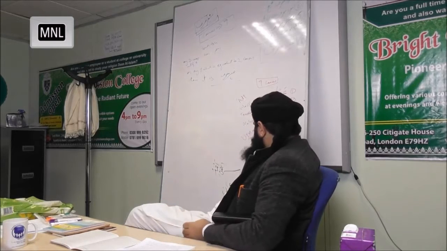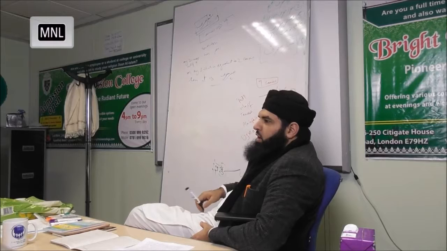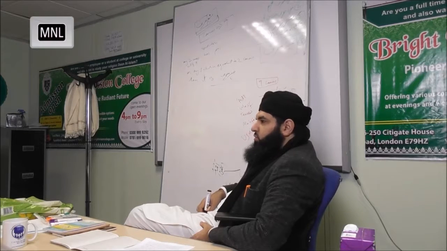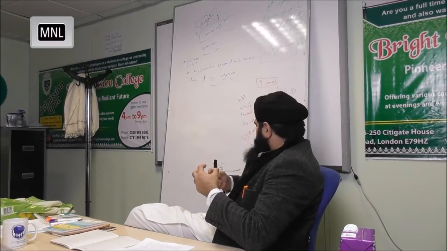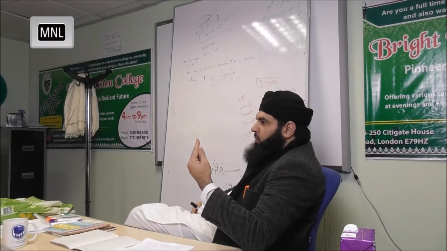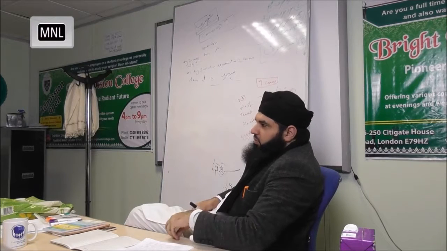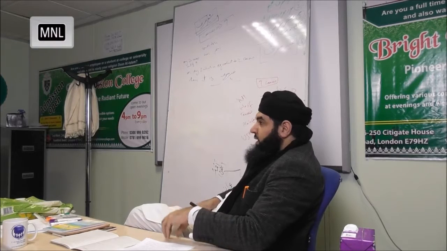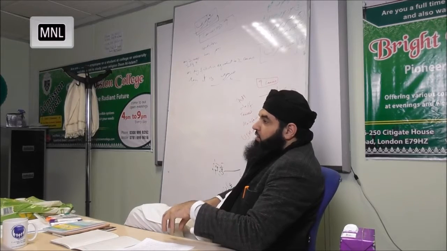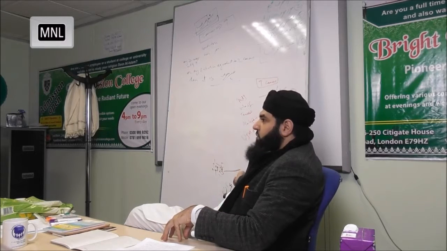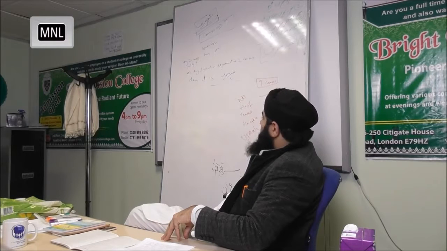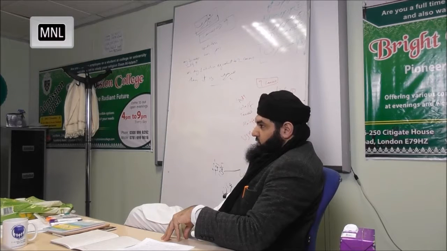So tarkeeb means if two asma have been joined together and attached to make one single compound, then that is tarkeeb. If it happened for any kalima where there were two separate nouns and they are now attached, then they have one of the causes, which is tarkeeb.